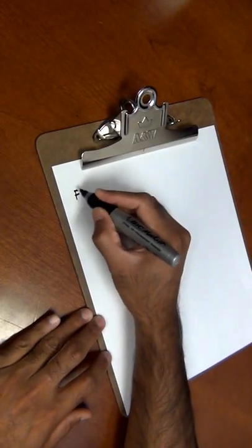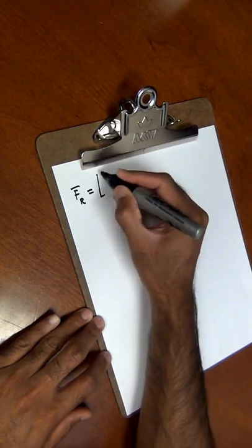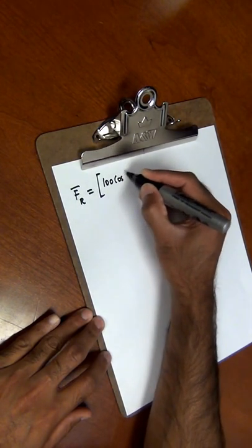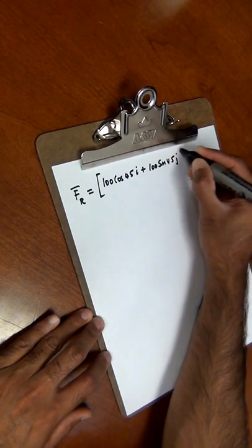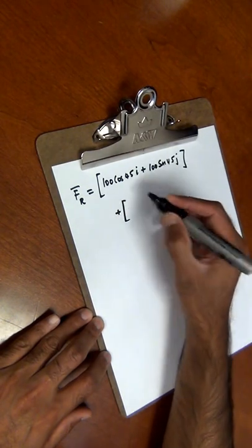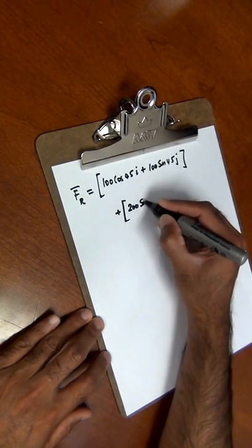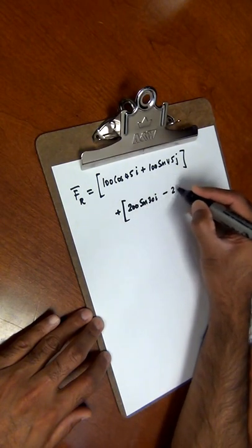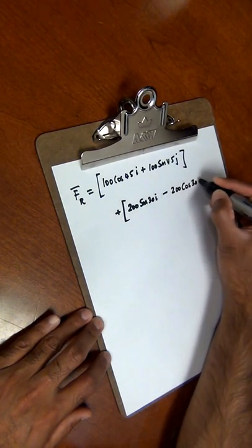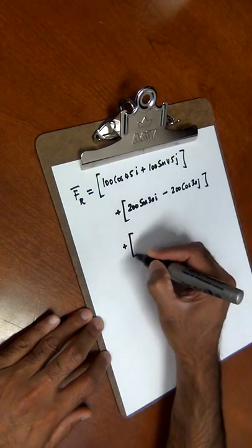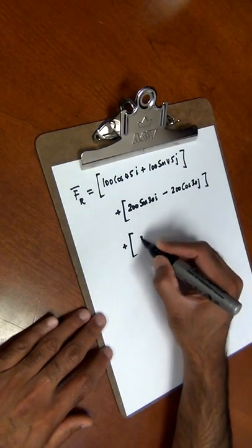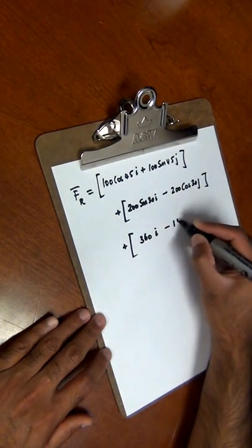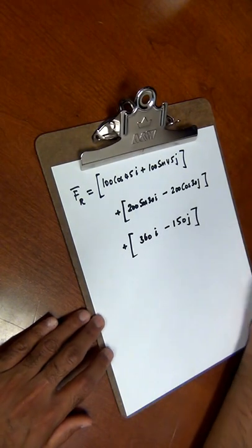So FR is going to be F1, which was 100 cosine 45 i plus 100 sine 45 j, plus F2, which was 200 sine 30 i minus 200 cosine 30 j, and then I have F3. After simplification, 390 times 12 by 13 is 360 i, and then this is 150 j, right?